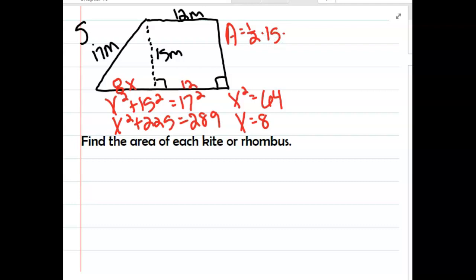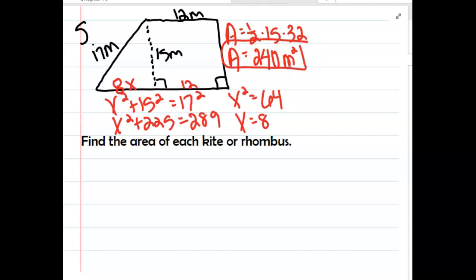So we said the top base is 12. The bottom base, remember you said, was 20. So 20 plus 12 would be 32. Once again, I would probably take half of 32, which is 16. Then when you take 16 times 15, you get 240 meters squared.